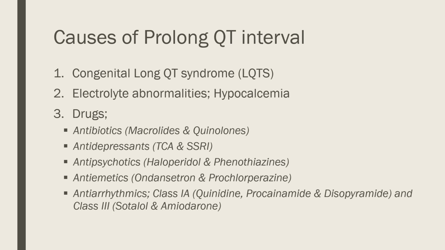Among them are antibiotics like macrolides and quinolones, antidepressants like tricyclic antidepressants and selective serotonin reuptake inhibitors, antipsychotics like haloperidol and phenothiazines, antiemetics like ondansetron and prochlorperazine, and class 1A antiarrhythmics like quinidine, procainamide, and disopyramide, and also class 3 like sotalol and amiodarone.